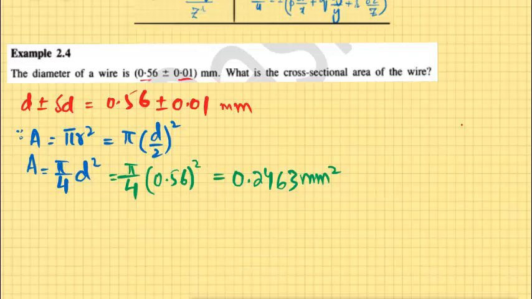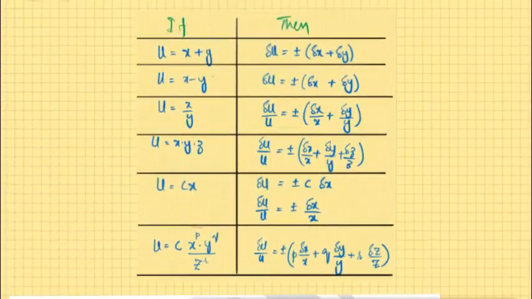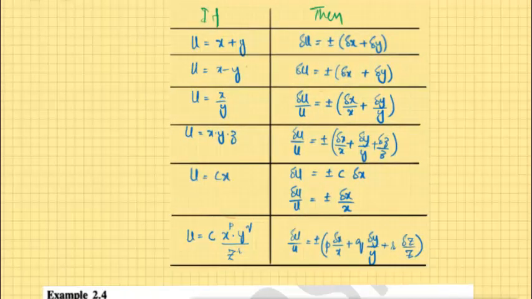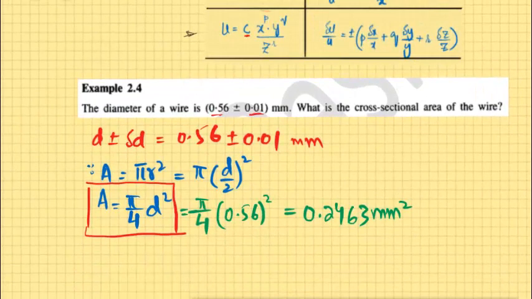Alright, and now it's time to figure out the error, the uncertainty in the calculation of area. This is the equation that I have: area equal pi over 4 times d square. I have these 6 equations available, and I want to figure out which one is the closest. I can see that equation number 6, the last one, is the relevant equation. Why? Because this equation has a constant in it, and my equation also has a constant, pi by 4.